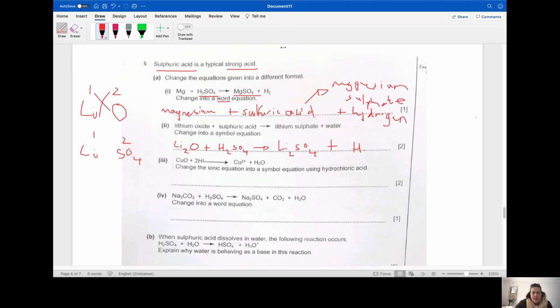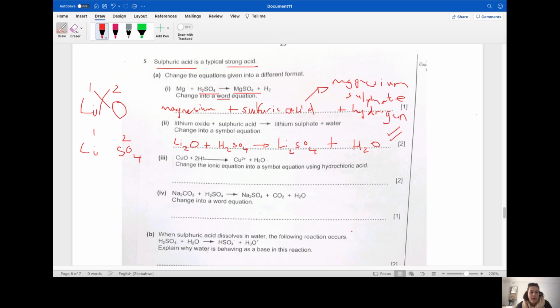And you get water, H2O. You had to have the formulae and it balanced. You didn't actually have to balance it, but you got a mark for it being balanced in terms of 1, 1, 1, 1. So question 2 is trickier, writing equations.